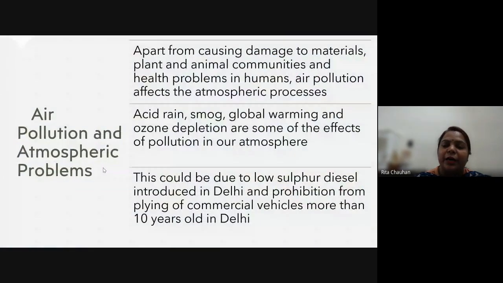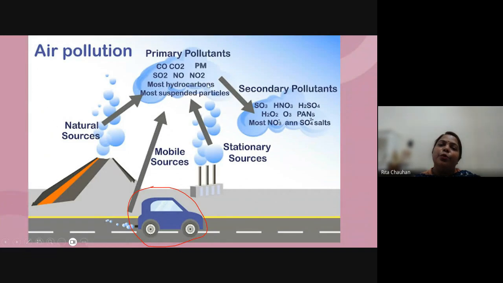In air pollution, it is affecting the atmospheric process. The primary pollutants are converted into secondary pollutants. So there is a change in reactions.